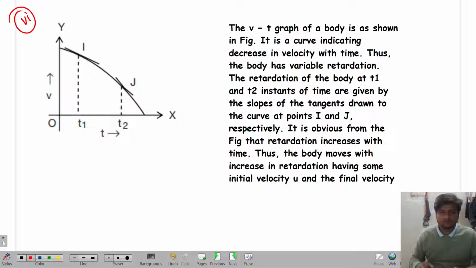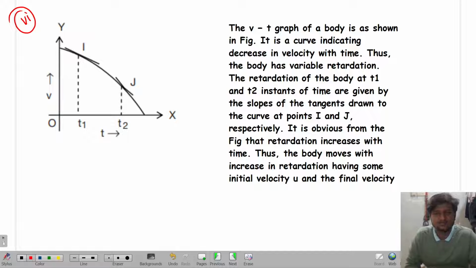Sir, the retardation at J is greater than the retardation at I. So what does it mean?